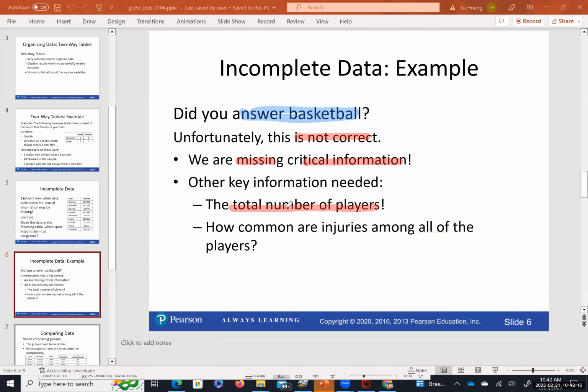For football, I would say it is very dangerous.